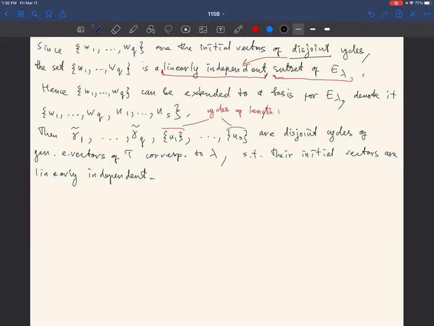We knew that they all form a basis for E lambda, so they are in particular linearly independent. This set is precisely the set of the initial vectors of all the cycles. If a cycle has length 1, then the only vector in it is both initial and end vector simultaneously. So all of the initial vectors of these cycles are linearly independent.